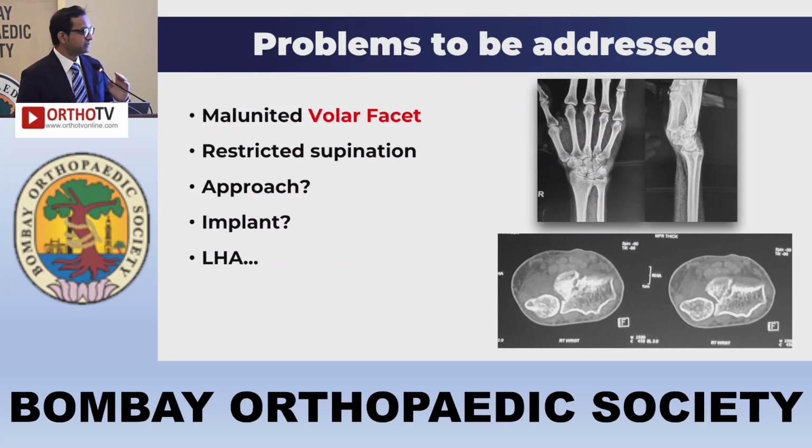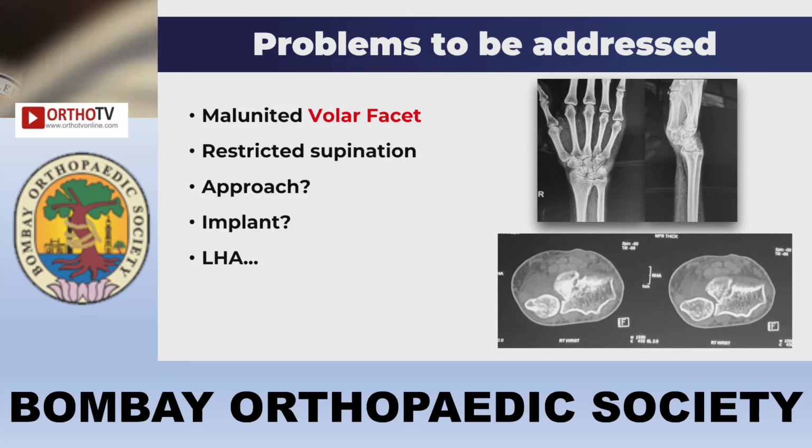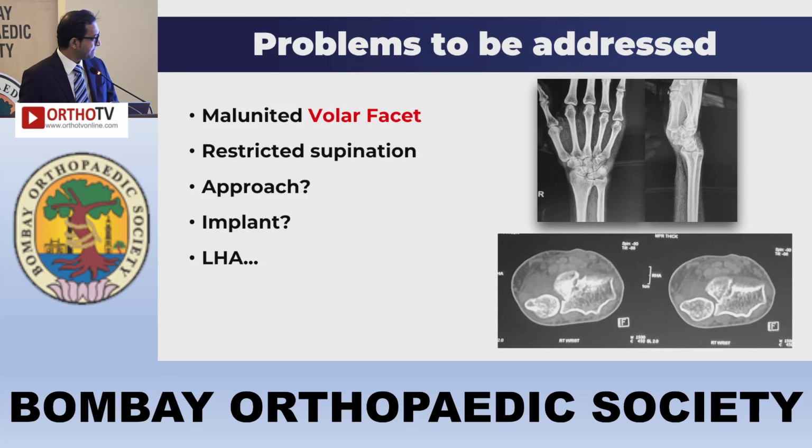Before that, sir, if you see the actual image, the bottom part is the dorsum and the top part is the volar. Is that right? Correct. So here, the reason for restricted supination is not so much malunion or impingement in the DRUJ, but it is a capsular contracture. There is no mechanical block to supination here.